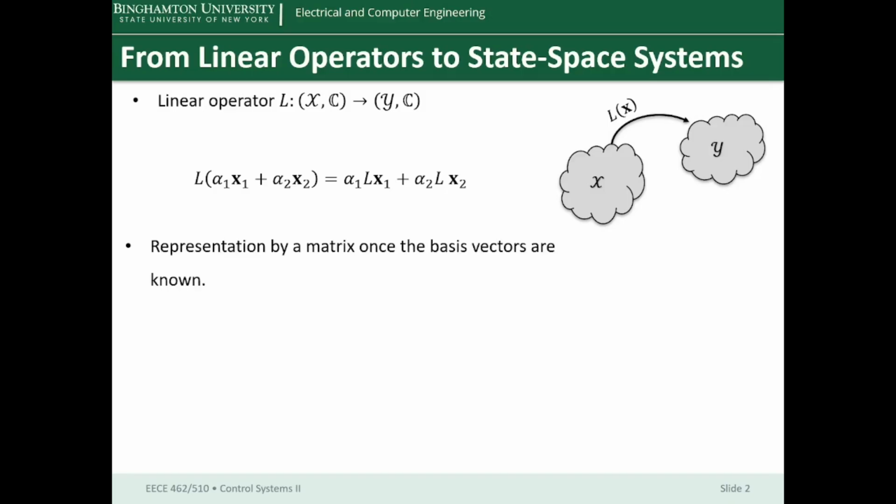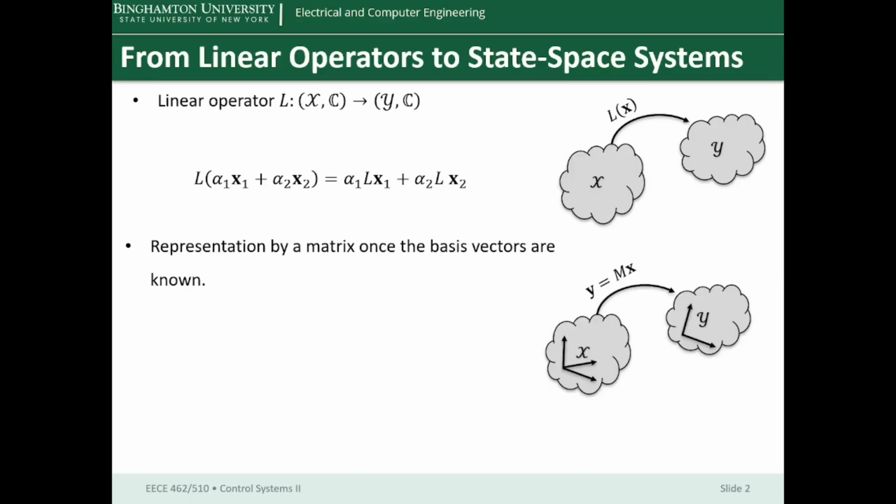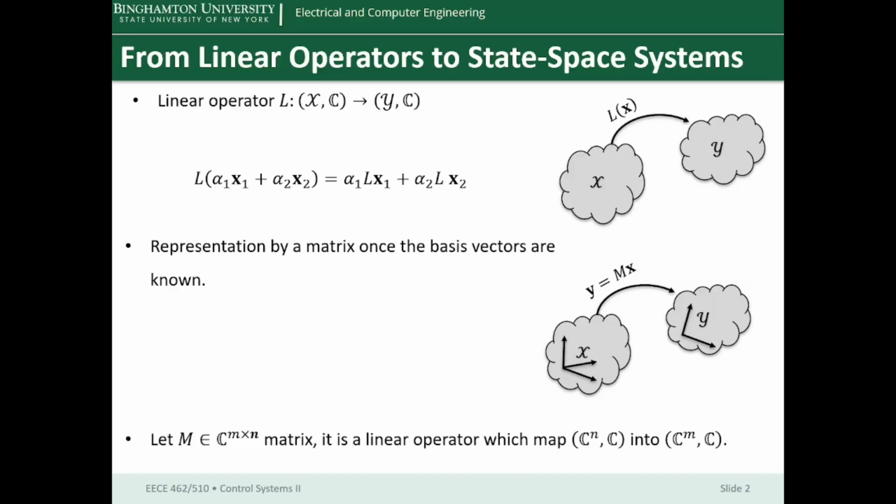We also mentioned that every linear operator can be represented by a matrix once bases of the domain and codomain spaces are specified. Conversely, any m by n matrix with entries in the complex field can be regarded as a linear operator that maps the vector space Cn into Cm.